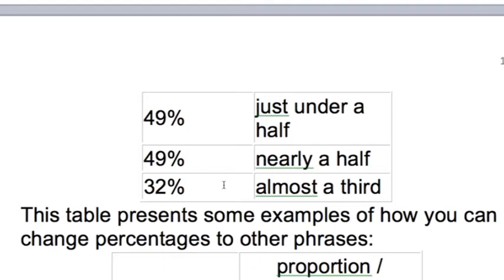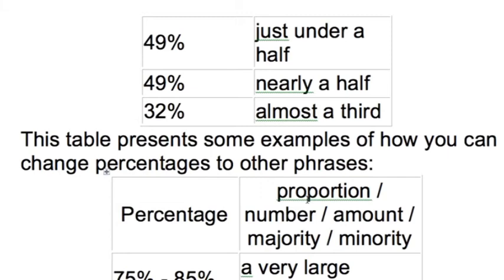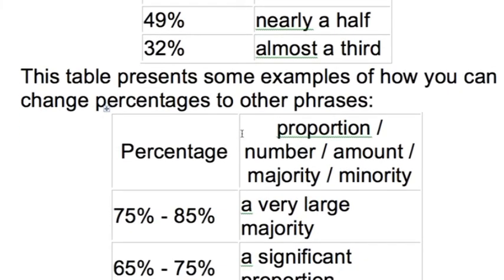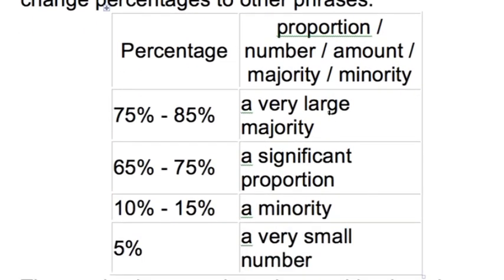So this table presents some examples of how you can change percentages to other phrases. For percentage we use proportion, number, amount, majority, and minority as well. If it is 75% to 85%, you can use a very large majority, and if it is 65% to 75%, you can call it a significant proportion, right?